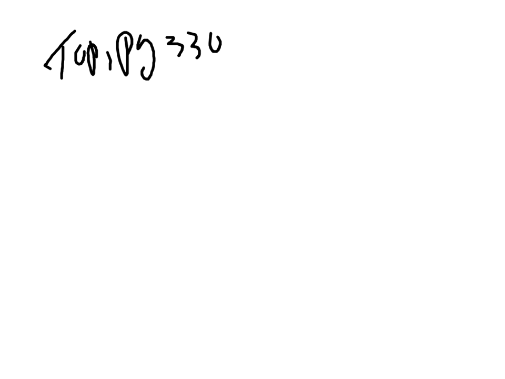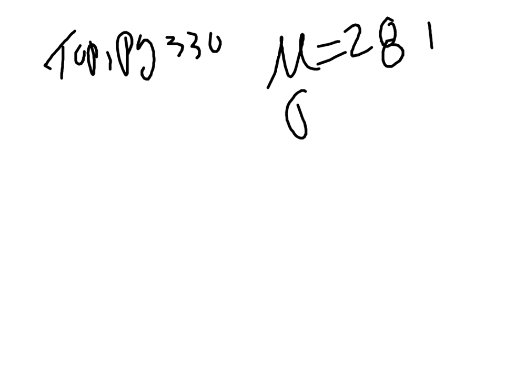So let's write some things here. We know that our mean is 28 pounds, and our standard deviation is 2 pounds. And our first value is between 27 and 31 pounds per month.